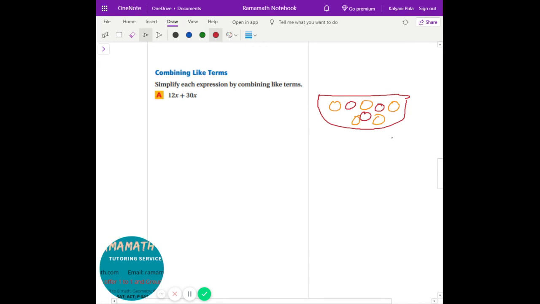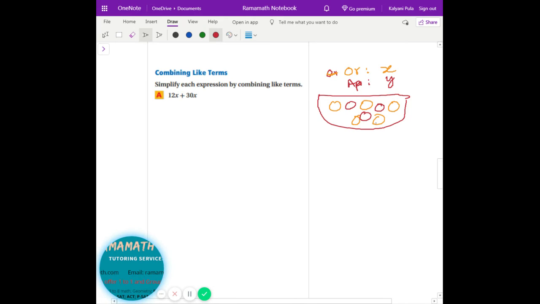If you want me to put it together, I'll put the apples together and the oranges together. Let's say orange is x, and apple is y.